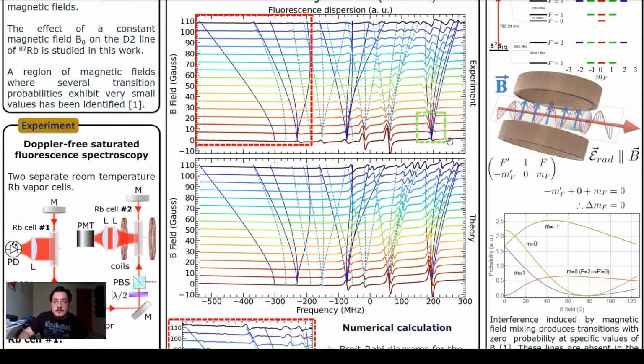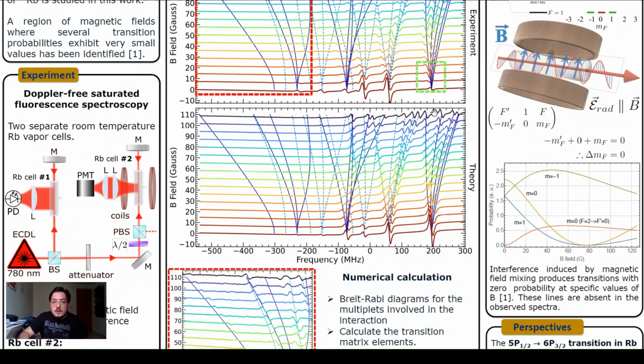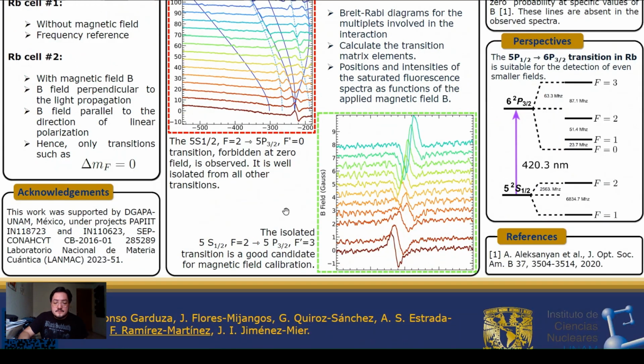Also, in the green box here, we show the 5s with F2 to 5p with F3 transition, which at zero field is a cyclic transition. This means that the F3 excited state can only decay back to the F2 ground state.